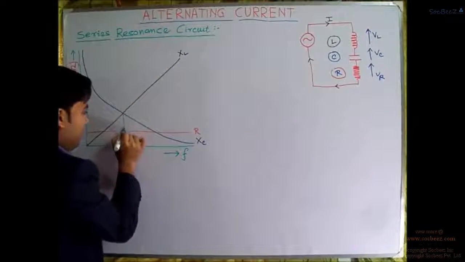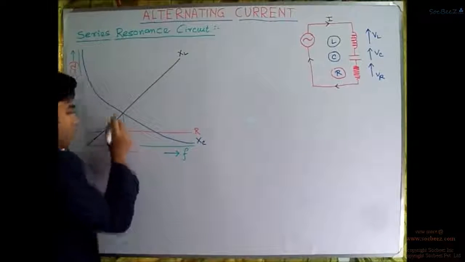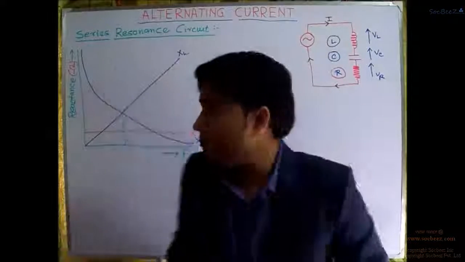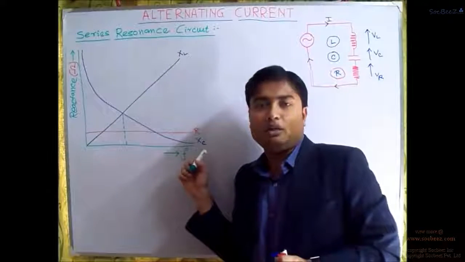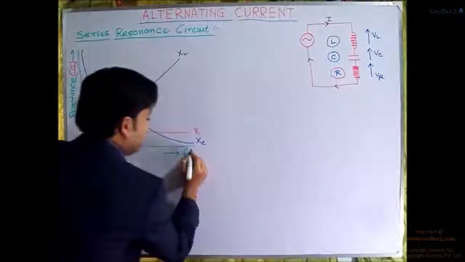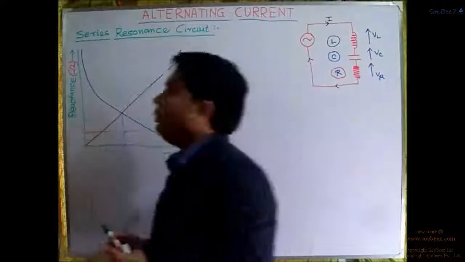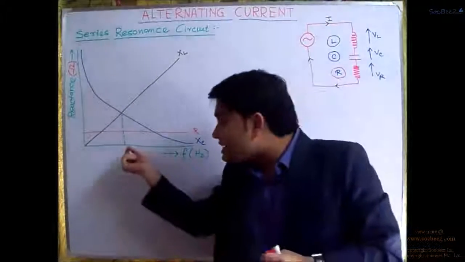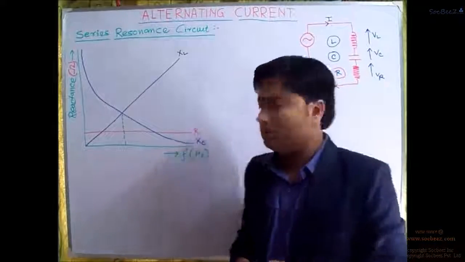At this particular point where XL and XC meet, if we make the projection perpendicular to this axis, which contains the frequency, measured in the SI unit of Hertz, we will see that there is a particular frequency, right?